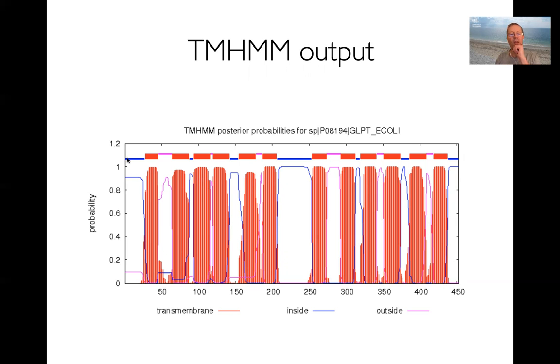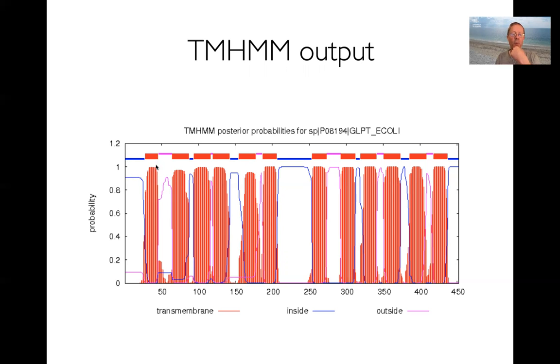So the prediction is that the protein starts on the inside, which is this blue, signifying inside loop. Then there is a transmembrane helix, then an outside loop, another helix, an inside loop, etc. And here you can see the probability for this loop to be inside is 0.9.